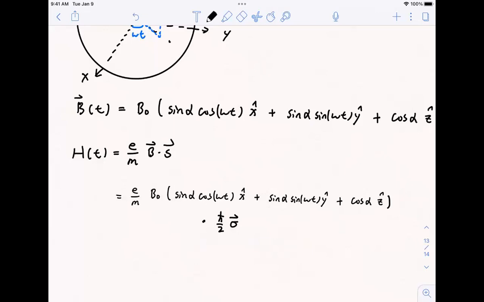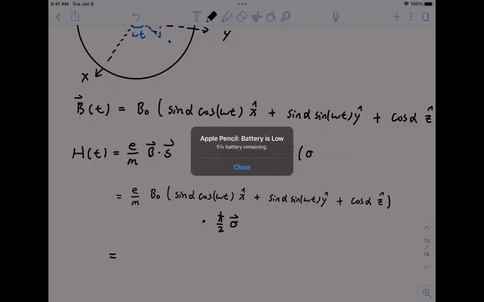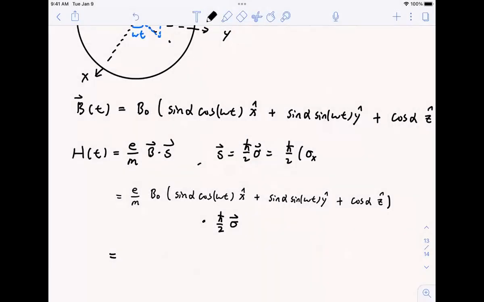Then you have sigma, which is equal to 1/2 sigma x, sigma y, sigma z.